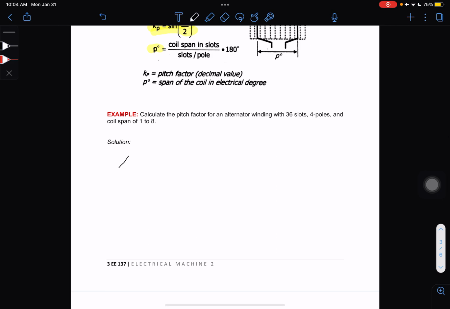So we have slot 1 and then we have slot 8. And our coil span from 1 to 8 is 7 slots.